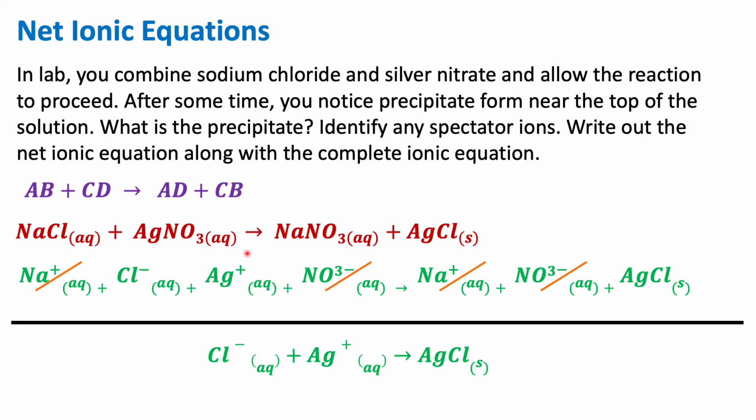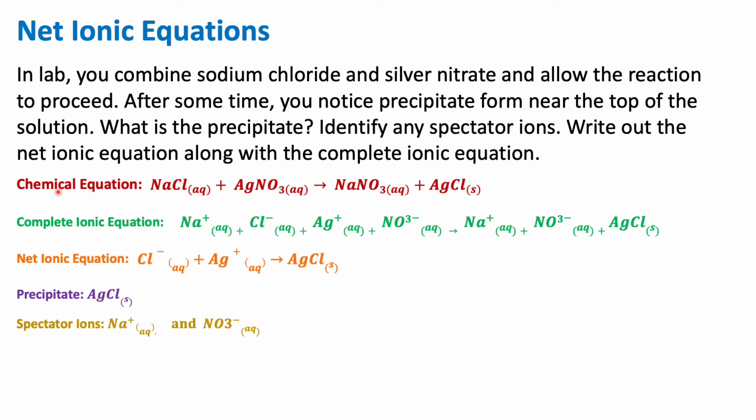Then we take everything that's aqueous and we dissociate it into its cations and anions, because anything that's aqueous means that it's soluble, and if it's soluble, it's going to dissociate into its ions. After that, we labeled everything that was aqueous or solid in our dissociated ions state. And then we canceled out things that were the same on opposite sides of the arrow. And then we brought down whatever was left over to get this equation over here.